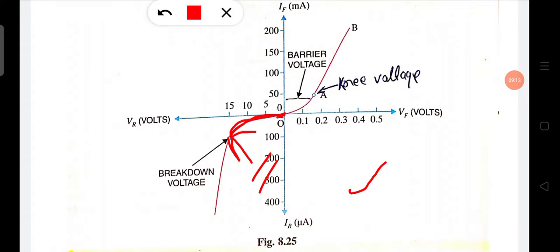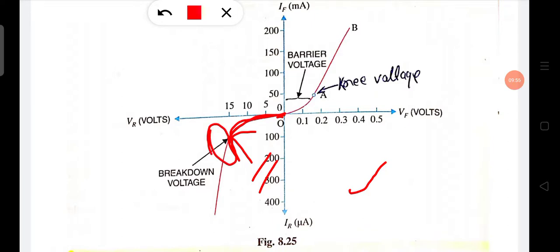Breakdown voltage is the reverse bias voltage at which the potential barrier is destroyed. That means by the continuing flow of this little bit of minority carrier current, the potential barrier is destroyed completely. The reverse voltage at which the potential barrier breaks completely is called breakdown voltage.